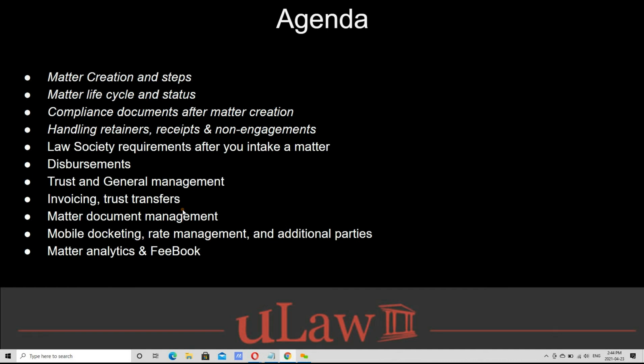And we've discussed how the whole concept of trust general management and the finances that enter into your financial system that then get converted into financial accounting documents that do have compliance as part of them, they all start with this matter as the context.